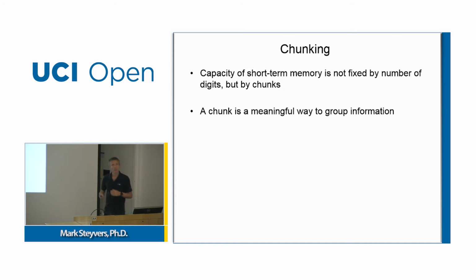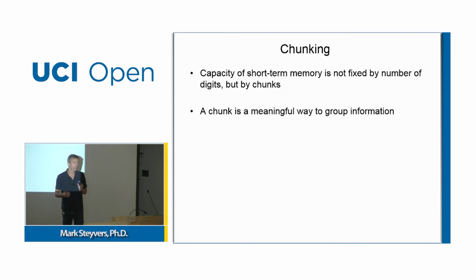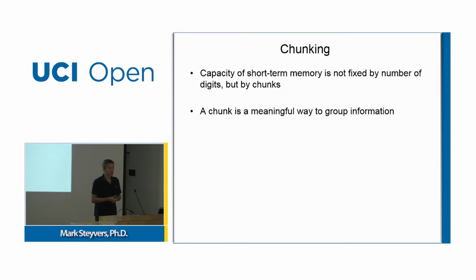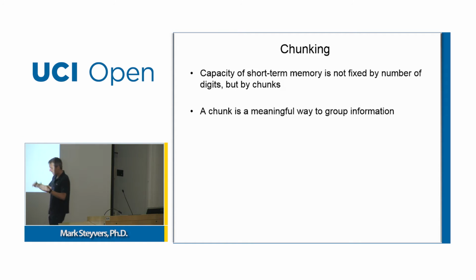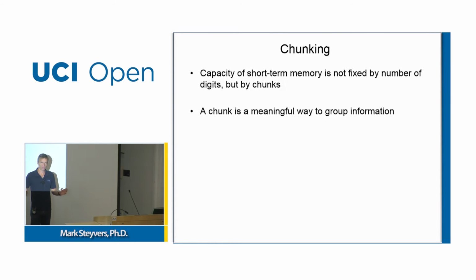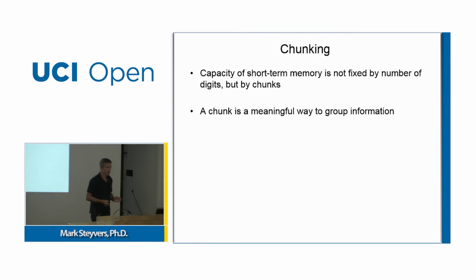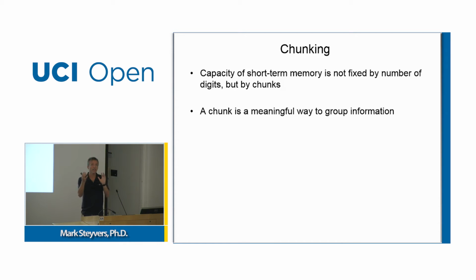And this process of grouping items in terms of meaningful units is called chunking. So when George Miller says you have 7 slots, you essentially have 7 chunks available of information, where each chunk is whatever is meaningful to you. It's whatever ways you group information together.